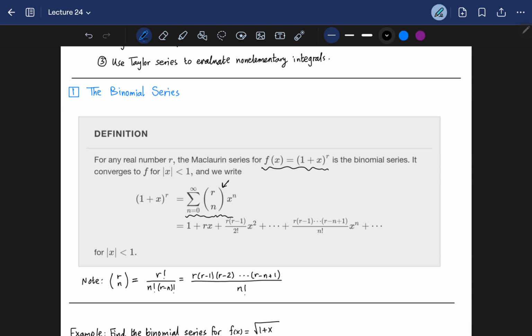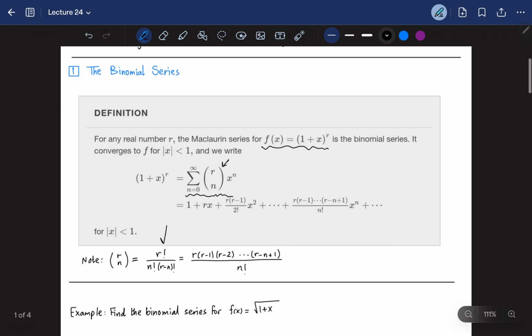It's a way to choose n elements out of r. We read it as r choose n, and it looks like r factorial over n factorial multiplied by r minus n factorial. So it's just a value for a certain number. Don't worry too much about it.